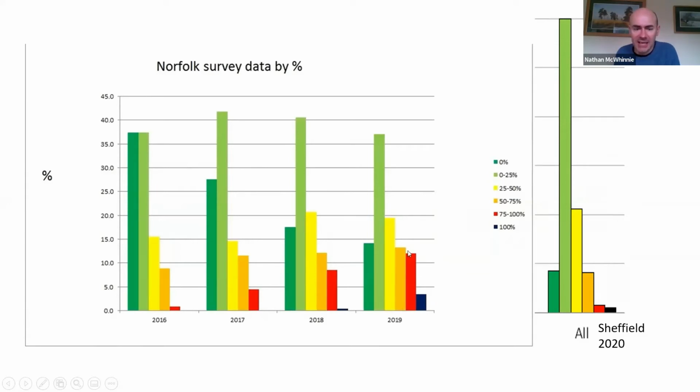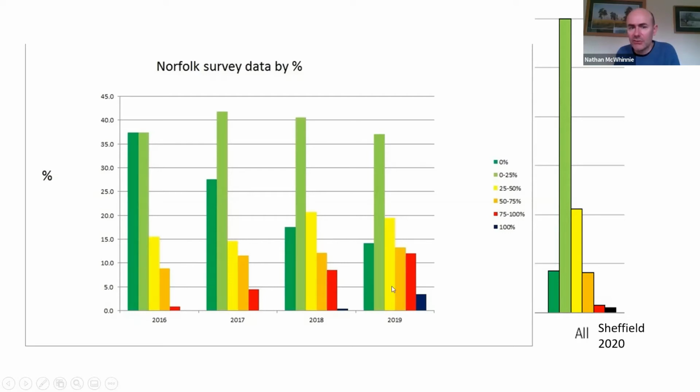I didn't get the 2020 stats from them as yet because everything was up in the air during the pandemic. But based on this, and these are our stats on the right for this year, I'd say we're probably now 2 to 3 years behind where Norfolk are.